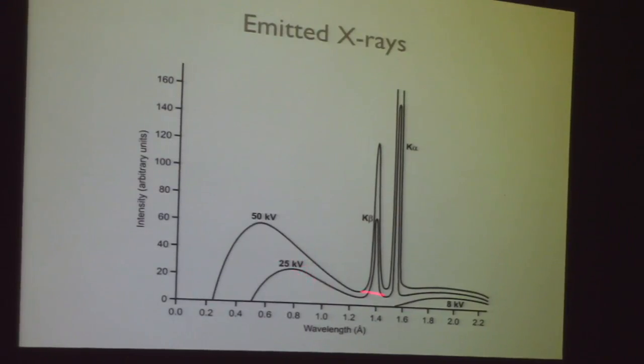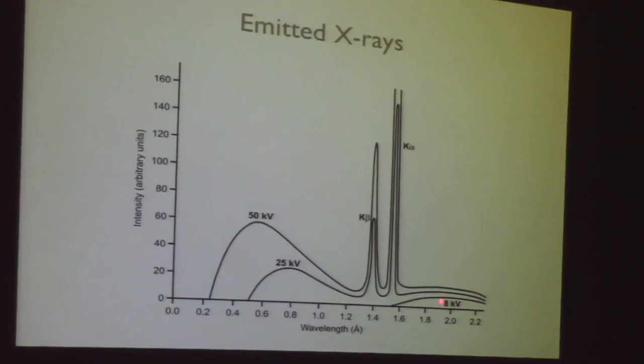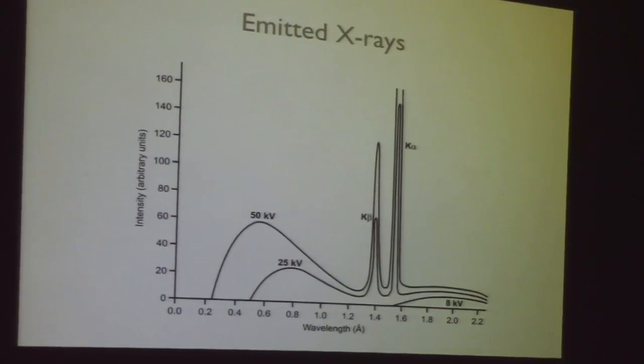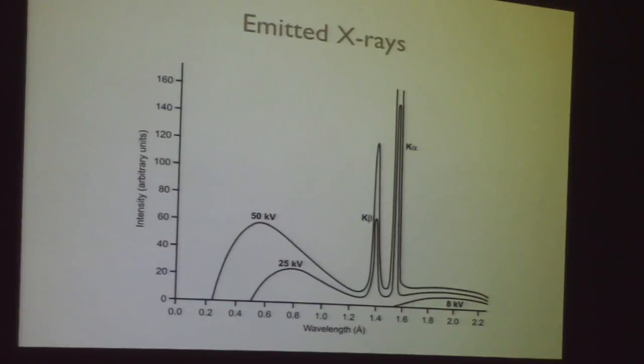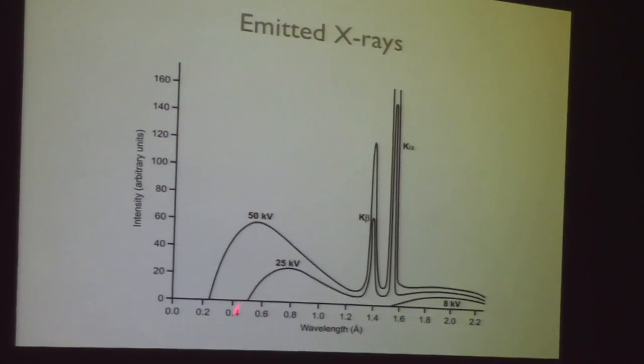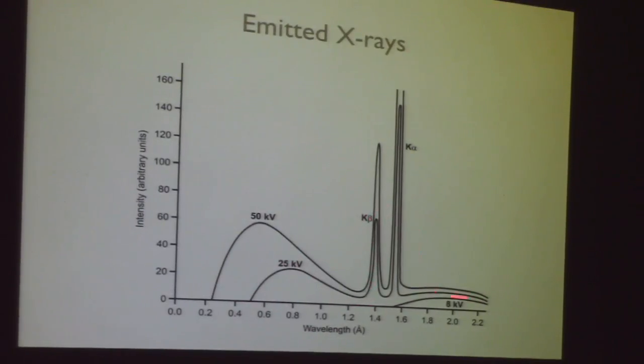And you can see what happens if you increase the accelerating voltage of the electrons. Let's say you start at 25 kilovolts, so you're accelerating the electrons to 25,000 volts before they hit the anode, and you get this spectrum here.